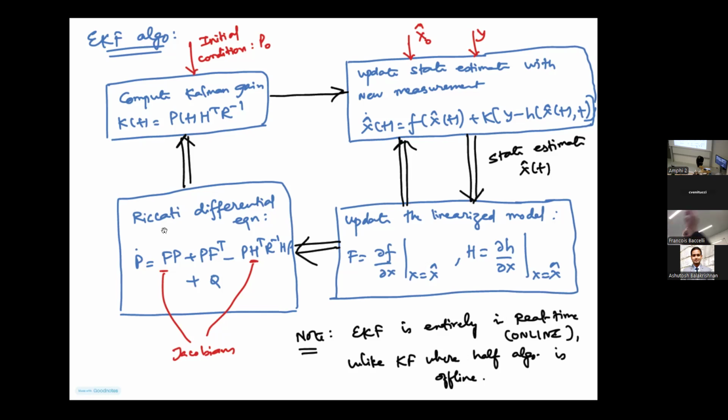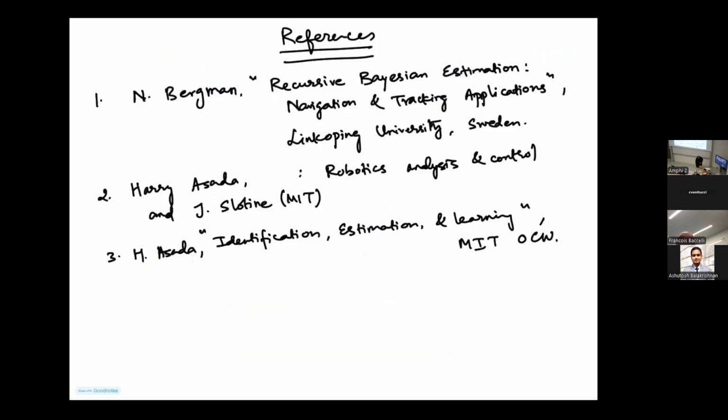We have the Riccati equations, which compute the covariance noise update. And finally, we have the Kalman gain again. So it keeps happening recursively. The discrete time Kalman filter could be done partially offline, partially online, but the extended Kalman filter has to be done entirely in real time. So it's a completely online algorithm.